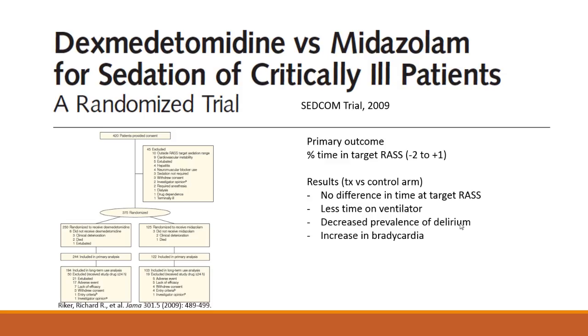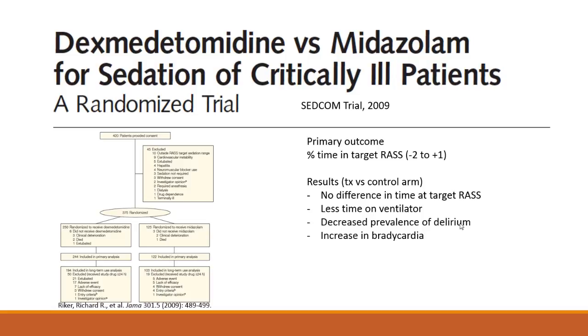The next study is the SEDCOM trial, and this is the trial that we talked about earlier, and it came out in 2009 in JAMA. It was designed to look at Precedex in one arm and Midazolam in another arm, and looking at efficacy and safety. It was designed as a double-blinded randomized controlled trial, and they randomized patients in a 2-to-1 ratio.